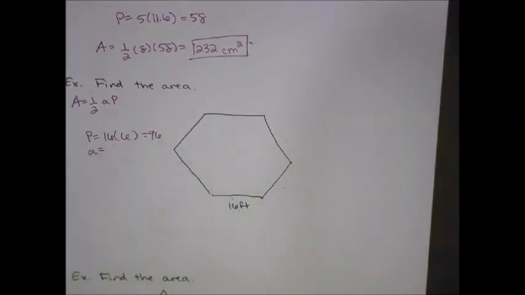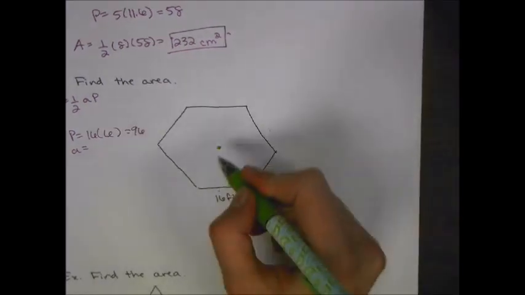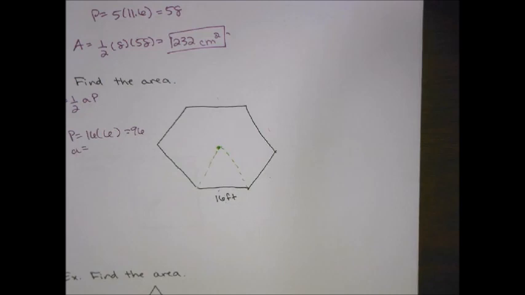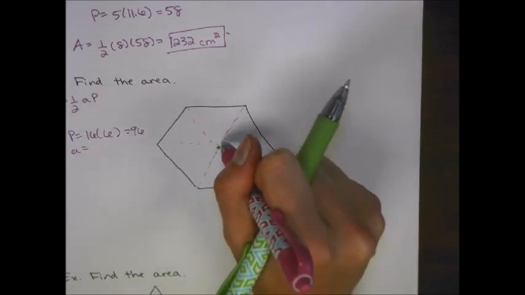How do we do this? Let's picture the center. Draw yourself that middle triangle, that inside triangle. If we want, we can picture the rest of them. I'll do them in a different color because you don't have to draw them in.